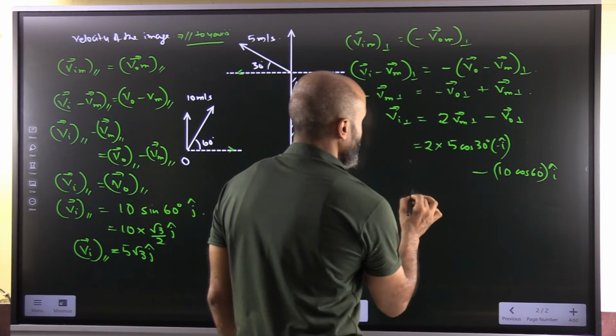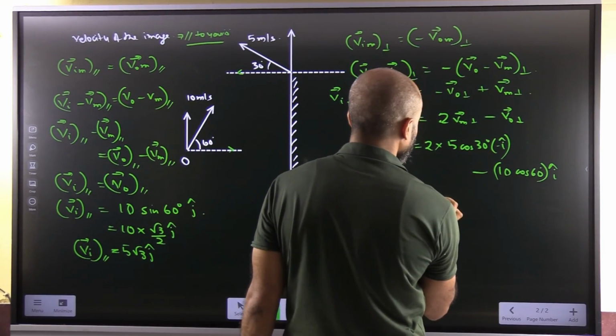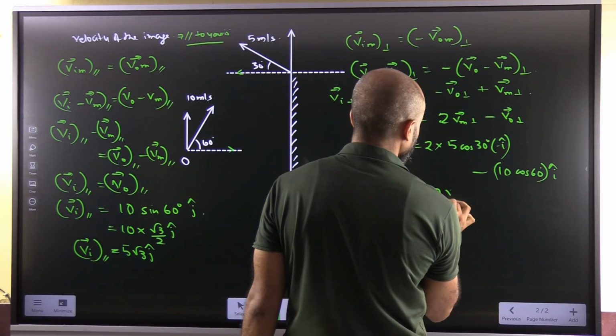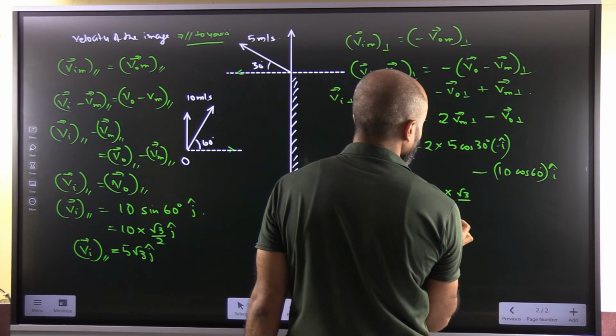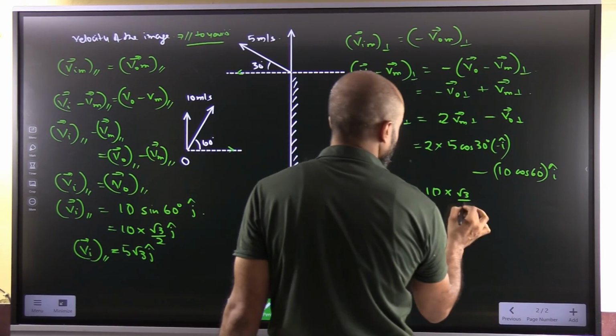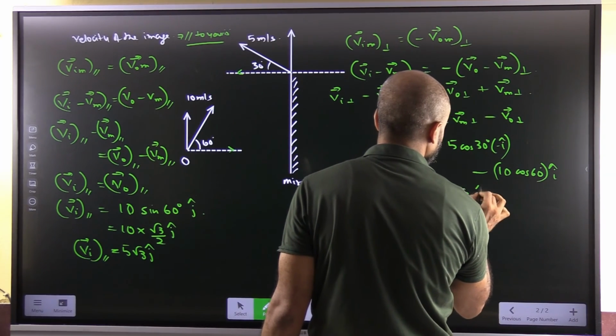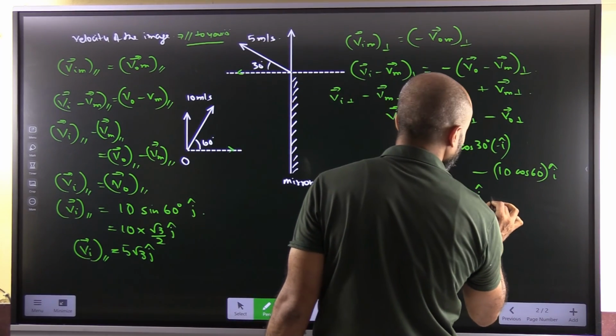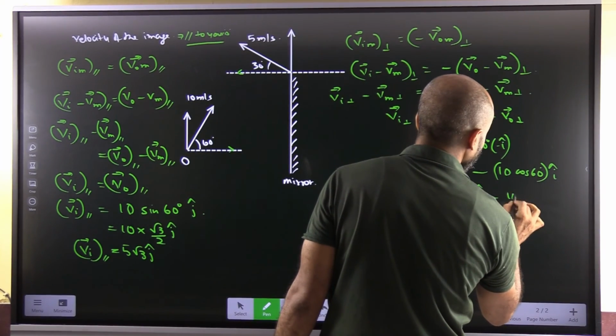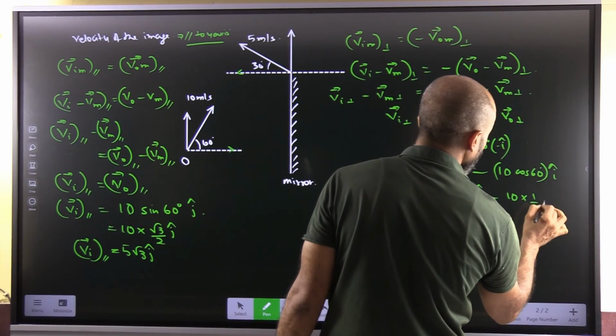So this will be basically 10 into under root 3 by 2 I cap minus 10 under root 3 by 2 I cap minus 10 into 1 by 2 I cap.